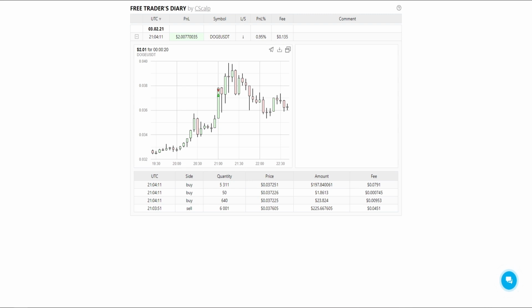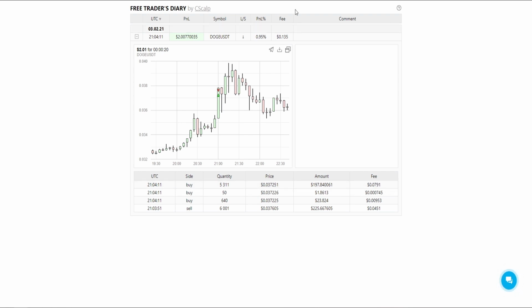We can just copy the link, then paste it to the person we want to send the trade to, and he or she, the trader, will see this trade. The only things they can see are the time of the trade, the side, so buy or sell, the volume, the price of entering and closing, the amount in dollars, and your fee.